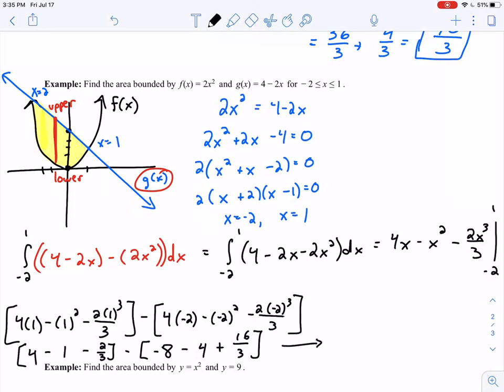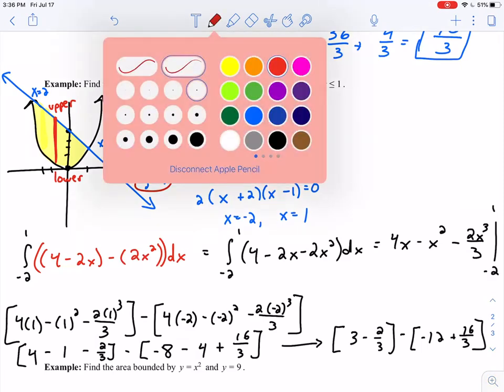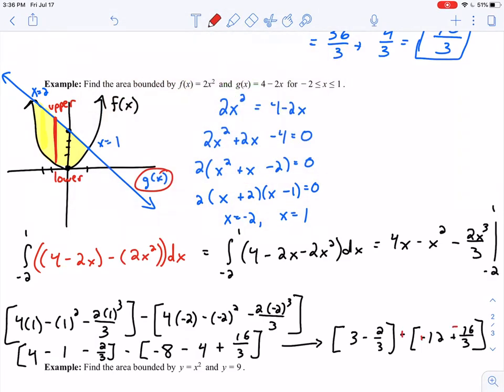So let's see. I'm going to simplify this a little bit at a time here. 4 minus 1, this is 3 minus 2/3. Minus over here, this is negative 12 plus 16 over 3. I'm just going to go ahead and distribute that minus sign through right now.